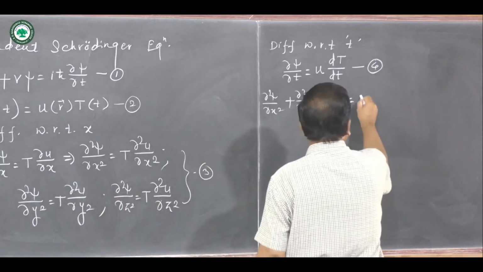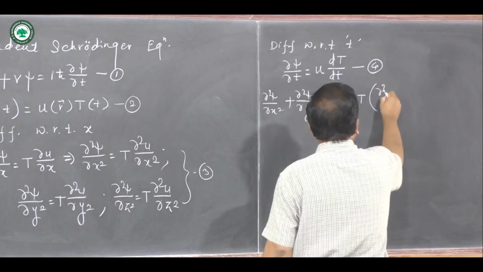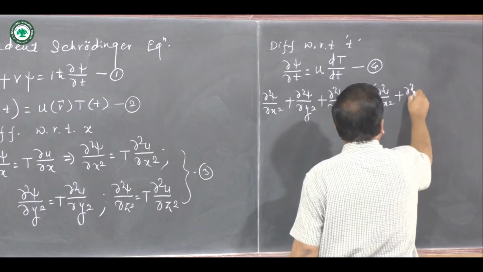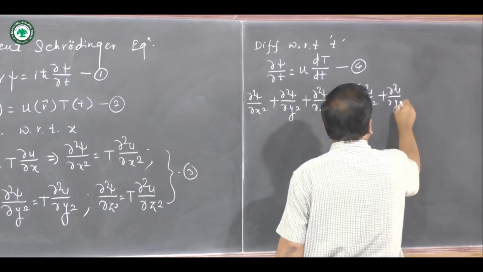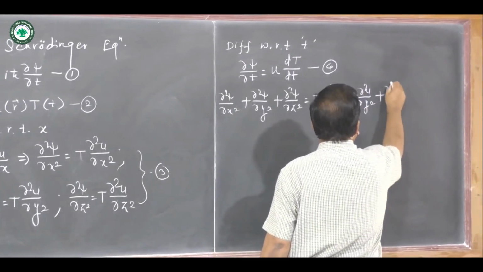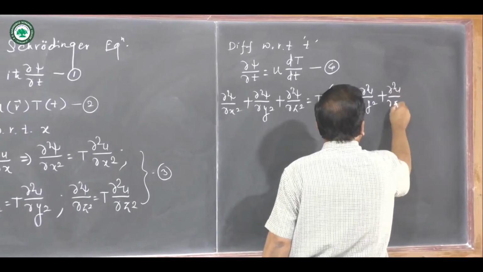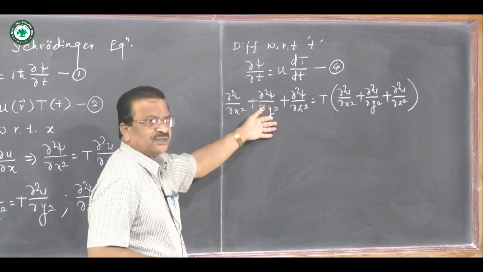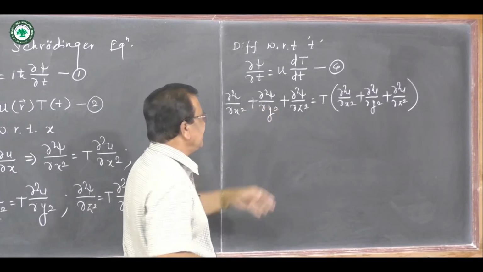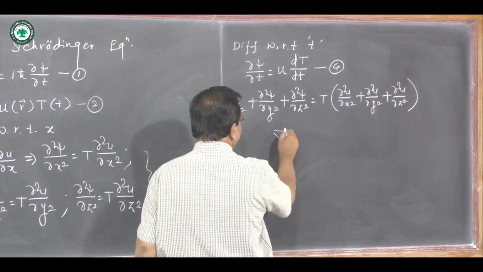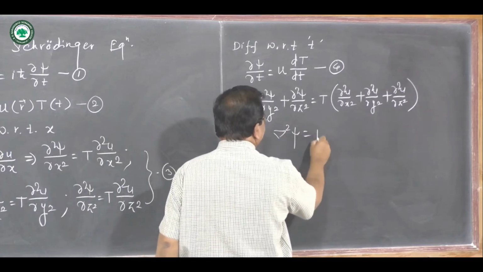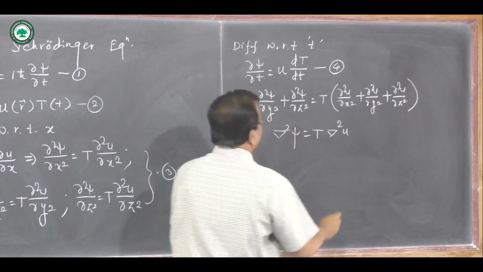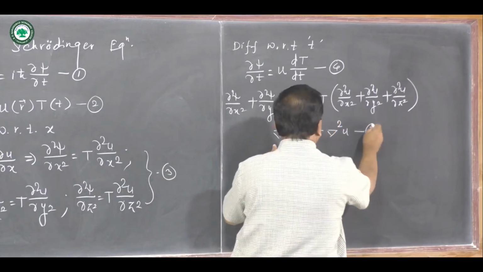T is common, so T times ∂²u/∂x² plus ∂²u/∂y² plus ∂²u/∂z². So what is this? ∂²ψ/∂x², these are second order partial derivatives. This gives me del square ψ, and this is T times del square u. So this is the expression which I have got for del square ψ.